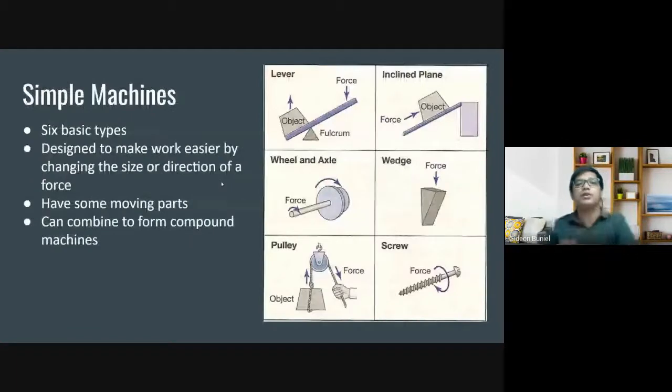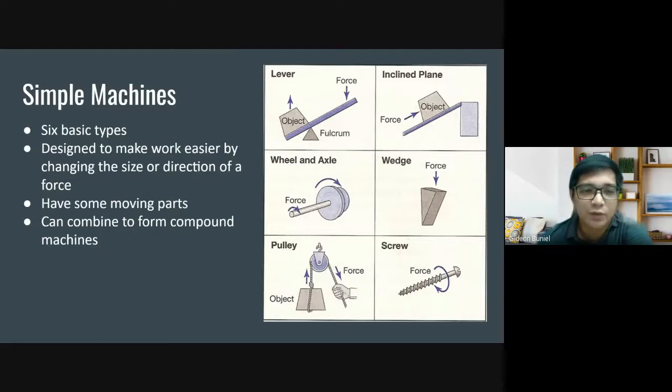Now, let's go to the main topic, which is the simple machines. Are you familiar with simple machines already? We have talked about this in our high school days, elementary days. Now, there are 6 basic types of simple machines.